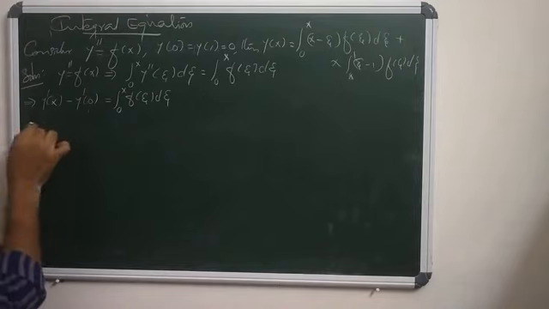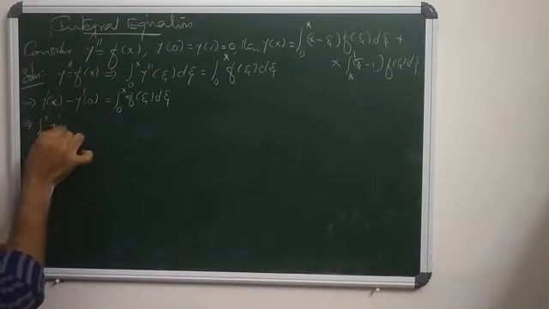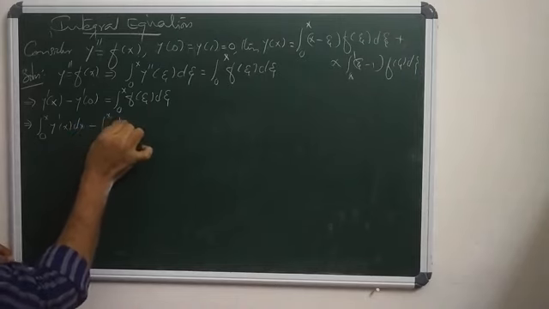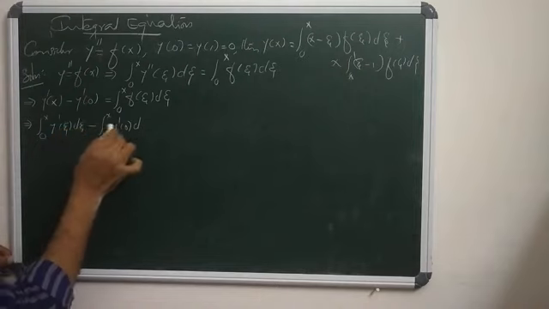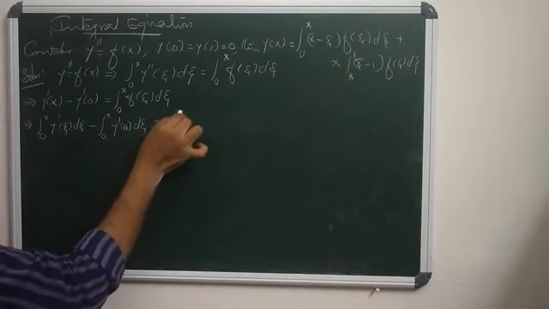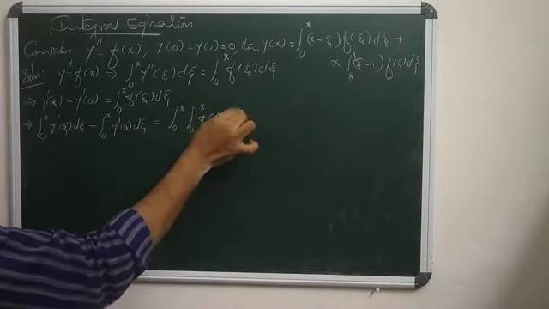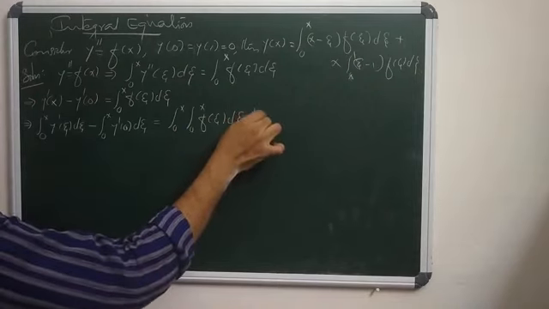Again integrating, we have integral 0 to x y dash x dx minus integral 0 to x y dash naught d theta equals integral 0 to x, integral 0 to x f of theta d theta d theta.